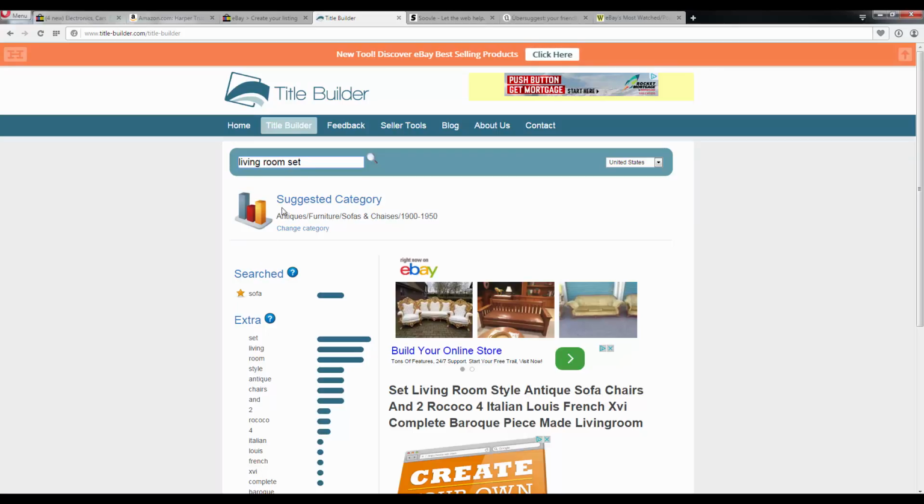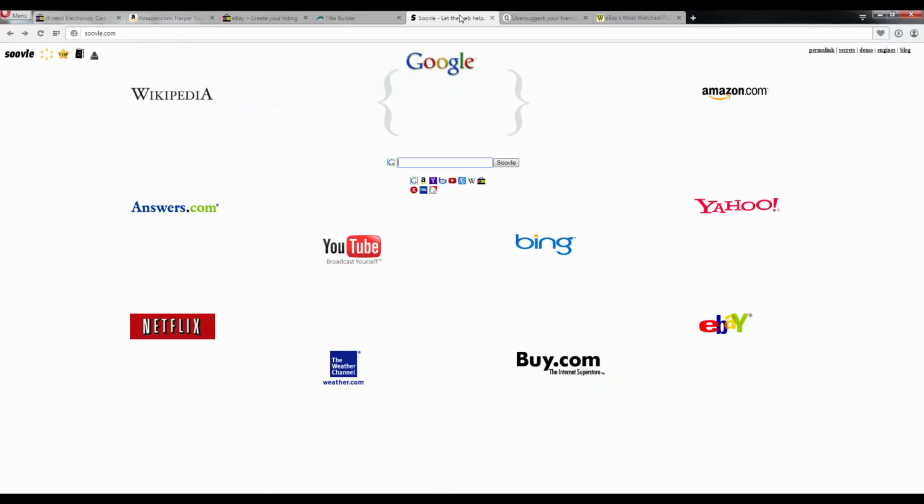Okay, so think about eBay, as I said before, as a search engine just like Google, where you type in and the most relevant listings with those keywords are going to pull up. Okay, so let's go to Suvo here. This is another tool that I like to use. What it does is it pulls keywords from all these different platforms. So let's go ahead and type in hand truck real quick.